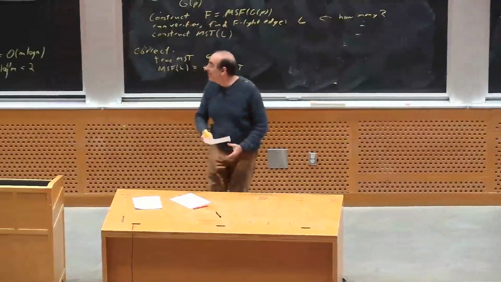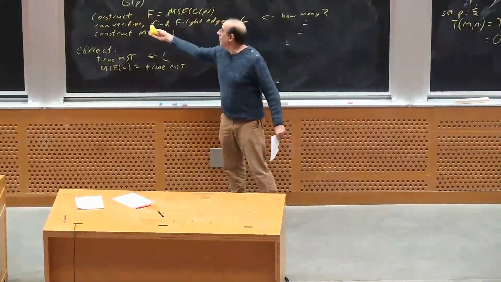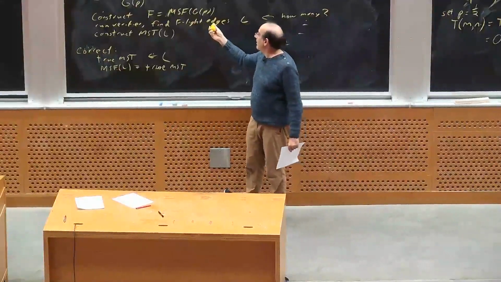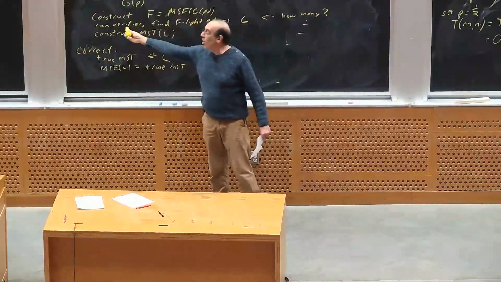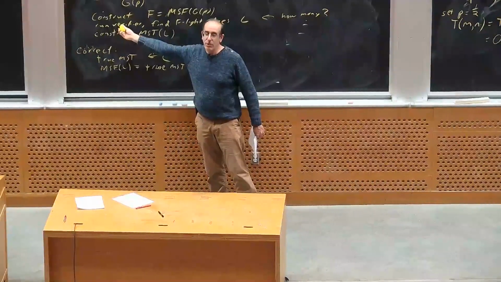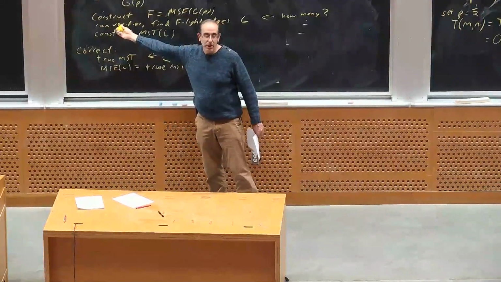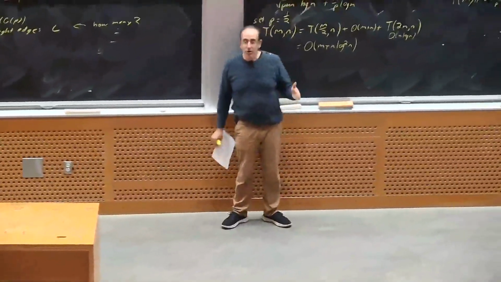I will add this clarification in case anybody else didn't get it. In this step, what I'm doing is I'm taking the minimum spanning forest that I constructed from my sample, but then I'm running all of the edges of G against that minimum spanning forest to see which of them are light. That is why I am assuming an order m runtime for the verification.